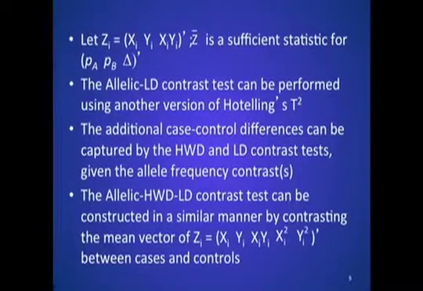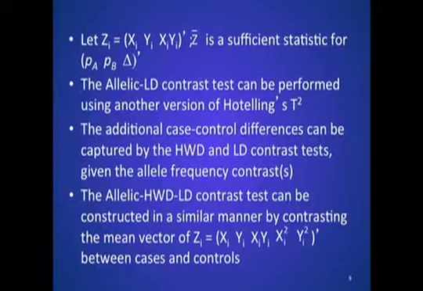So you can do it with another version of Hotelling's T-squared. Now you have a 3 by 3 instead of a 2 by 2. Just keep going. So you can also get the differences put in the LD contrast test, and you can do it given the allele frequency contrast. You can do all these various things.